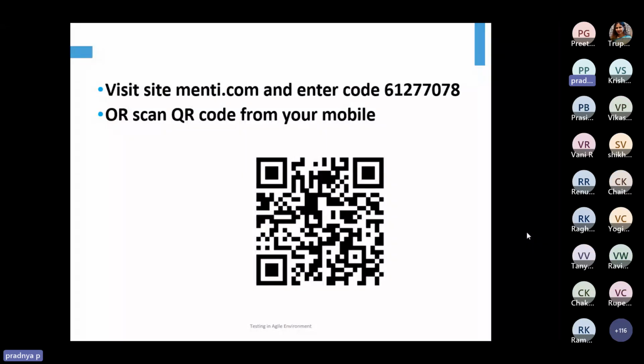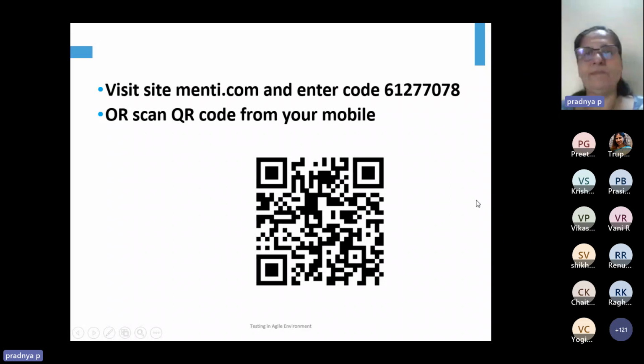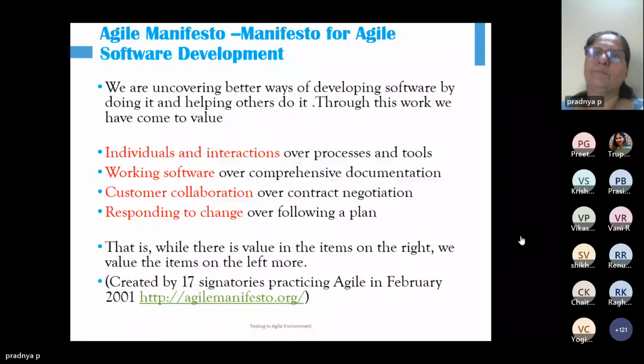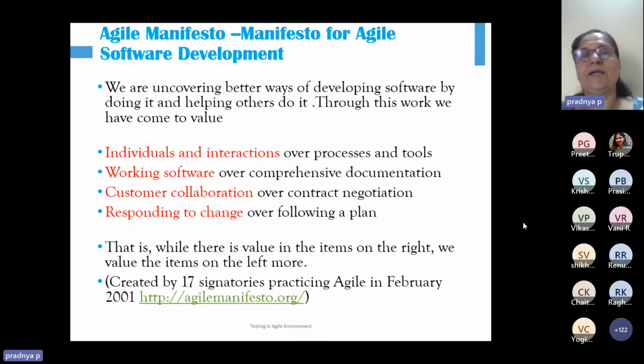Excellent. So as we all know, when we are talking about agile, we all are familiar with the principles of this, that is the Agile Manifesto, which was published in 2001 by all the people who were party to the development of these kinds of methodologies.